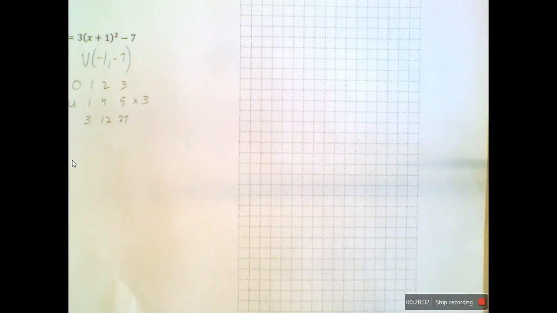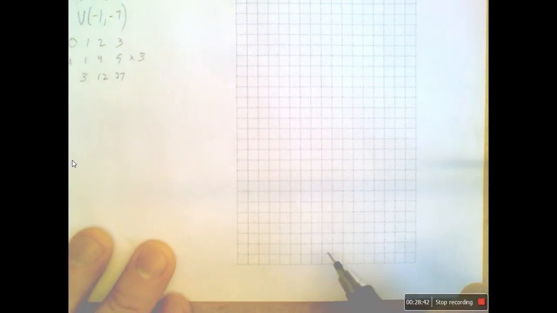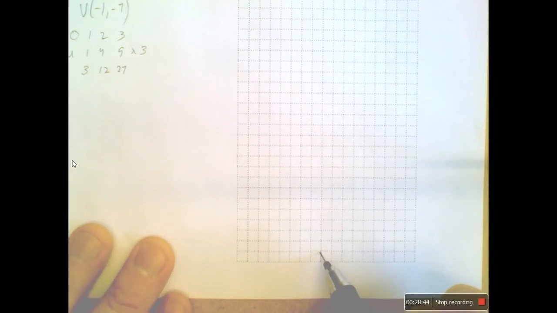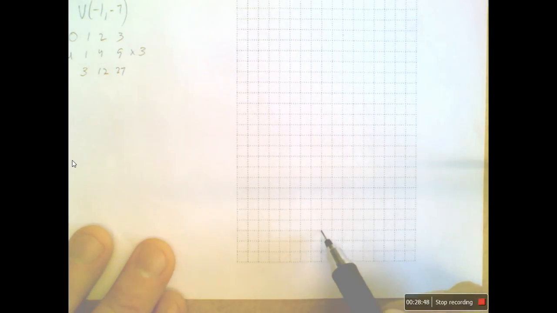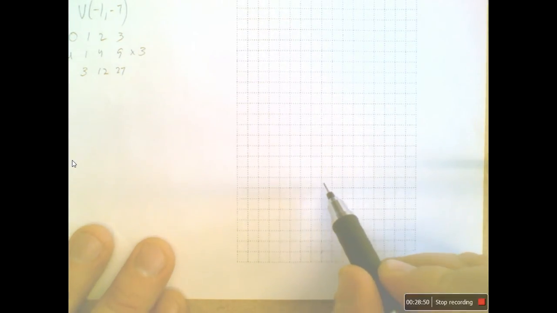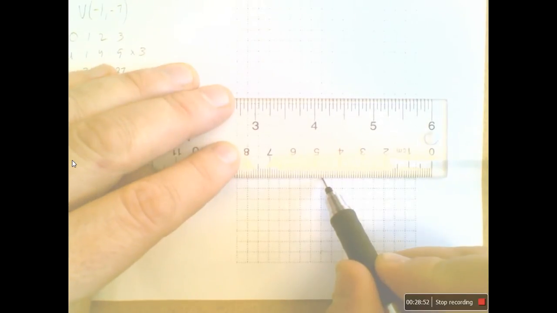So here's what I'm going to do. I know that this graph is going to shift way down. So I'm going to draw my axes in the right place that will accommodate for that. I'm going to plot my vertex way down here. So I'm going to call this -7 and then count up. -6, -5, -4, -3, -2, -1, 0. And that's where I'm going to put my x-axis.